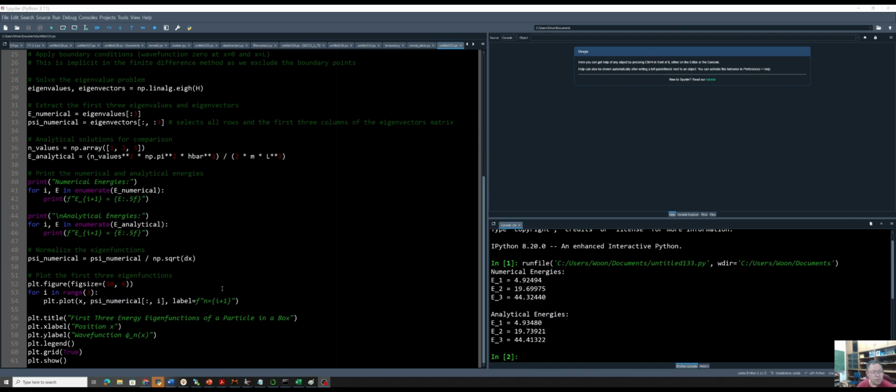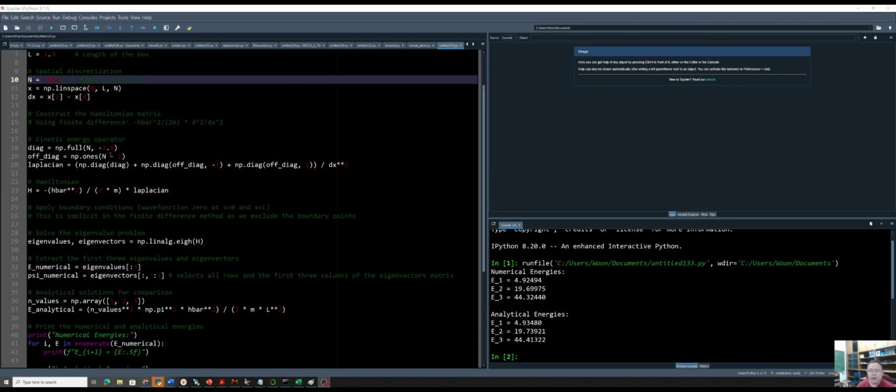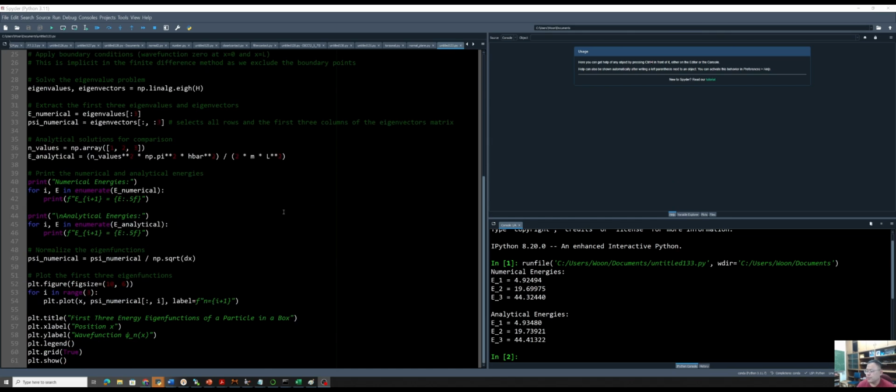Of course, I would not recommend it, as it would take very long to calculate 10,000 points. What I want to show you here is that the numerical wave function needs to be normalized by dividing by the square root of dx. Why is that?